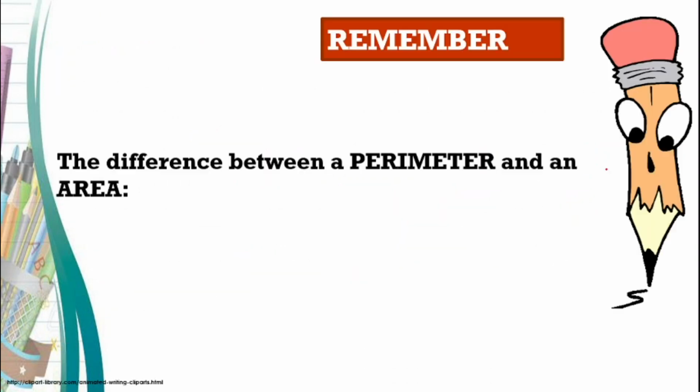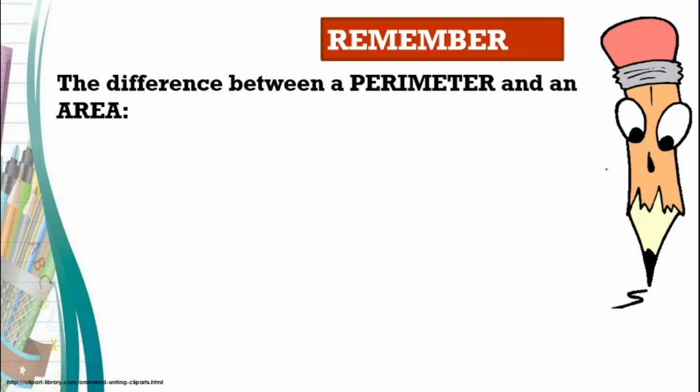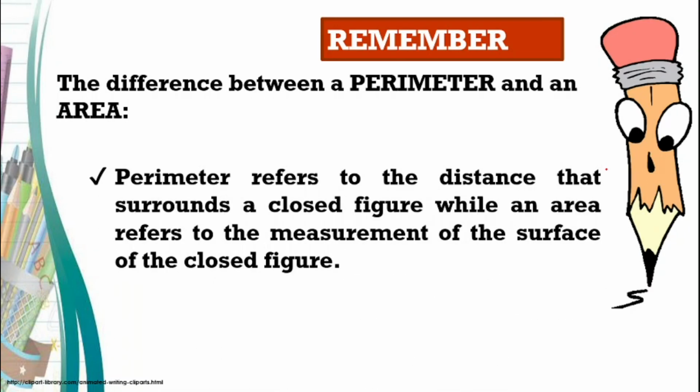Next, so remember, the difference between the perimeter and the area is the perimeter refers to the distance that surrounds the closed figure, while the area refers to the measurement of the surface of a closed figure.